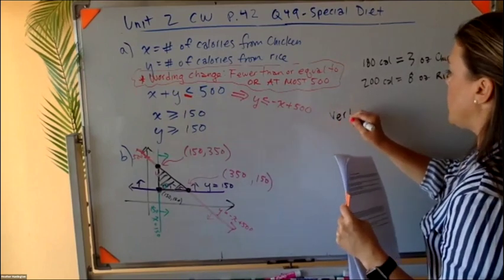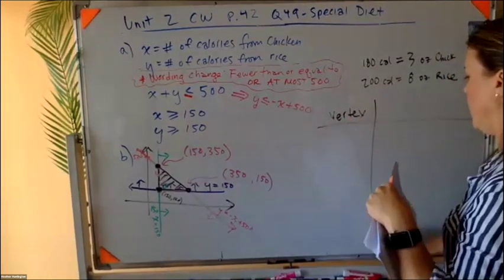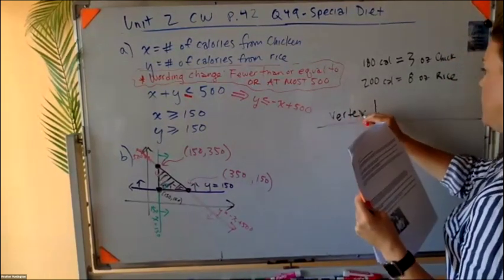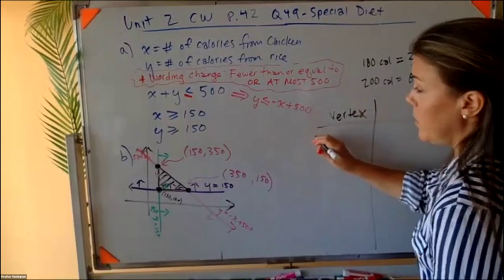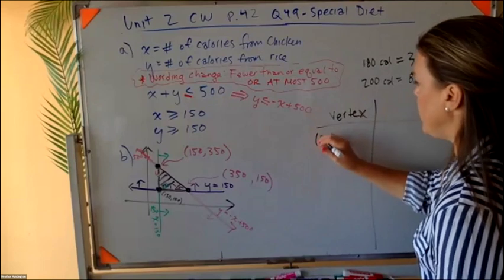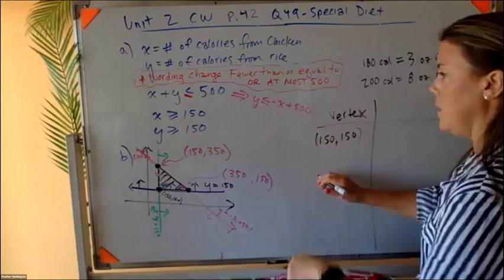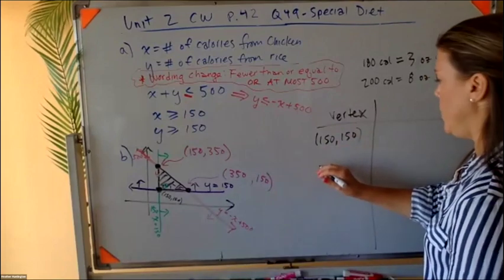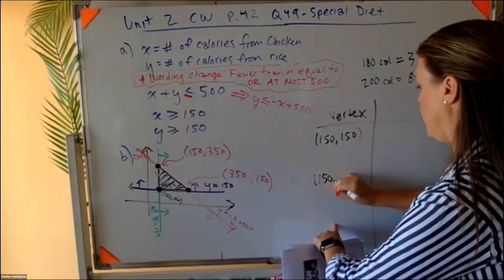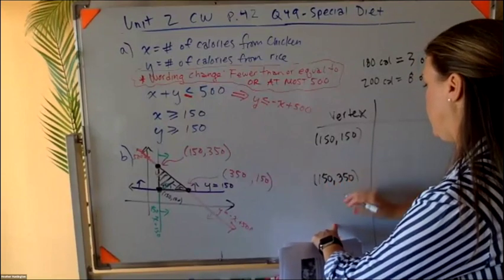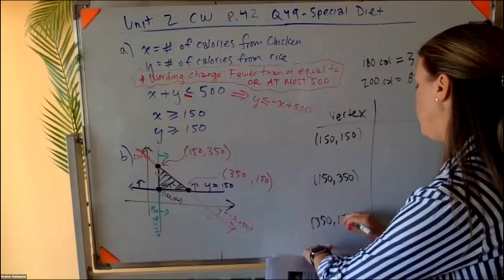So for the vertices, we can do 150, 150; and we can do 150, 350; and we can do 350, 150.